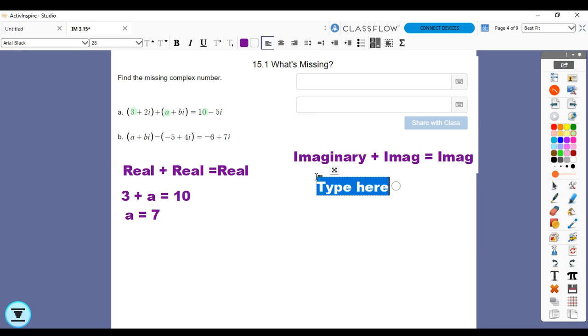And over here, you have to do the same thing with the imaginary. We're going to take 2i plus bi equals negative 5i. Be careful with your negatives. So then we're going to subtract 2i from both sides.